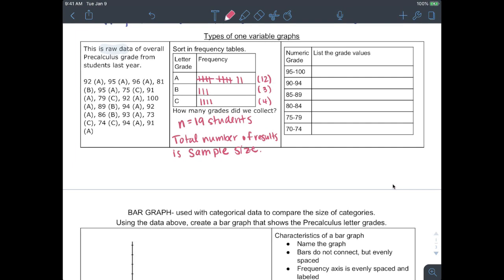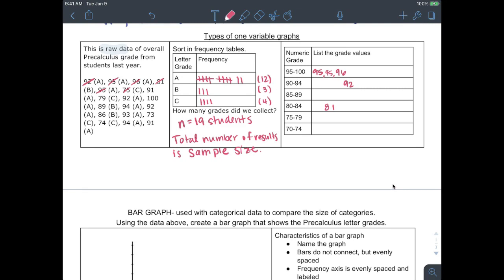I'm going to start here with 92. So 90 to 94, I'm going to put it in the middle, 92. 95 is in this category, 95. 96, I'll leave a little space just in case there's another 96. 81, something there. 95, well, look, another 95.